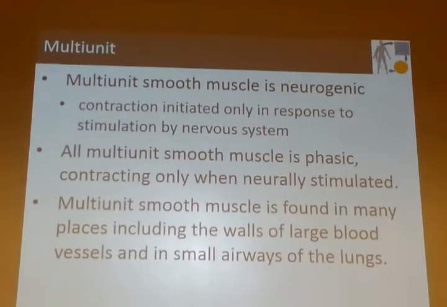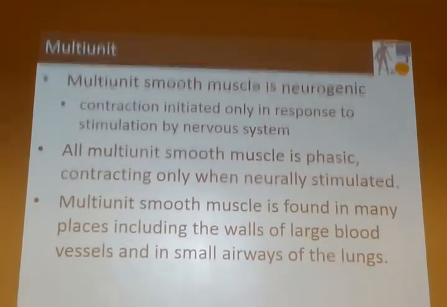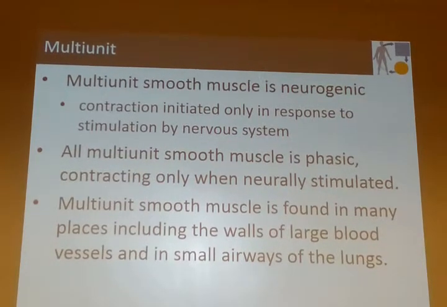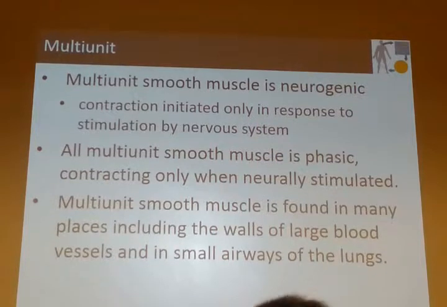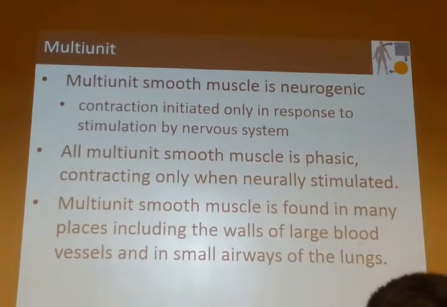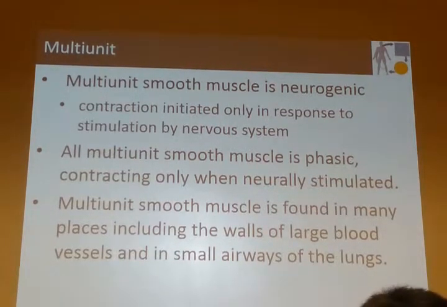Okay, so multi-unit, each individual cell is contracting independently of its neighbor. So it's responding to the neurotransmitter. The neurotransmitter must bind to a receptor on each cell for the individual cells to contract. So in small airways, large blood vessels, you might have the location of these multi-unit cells.